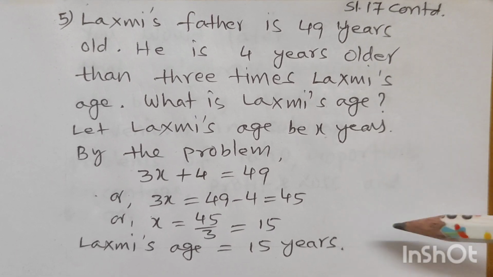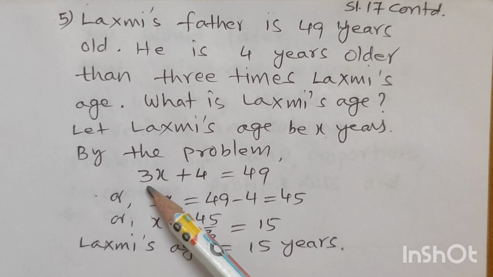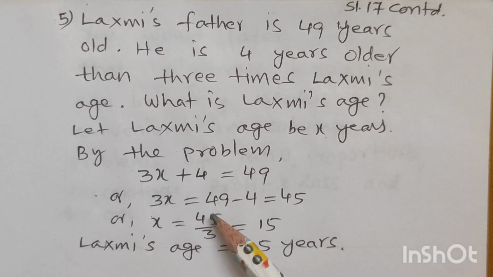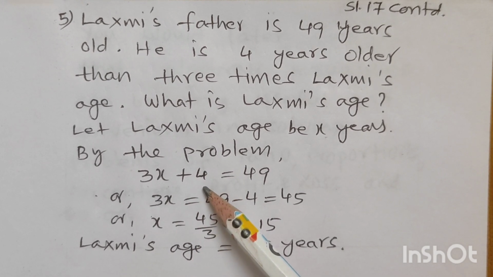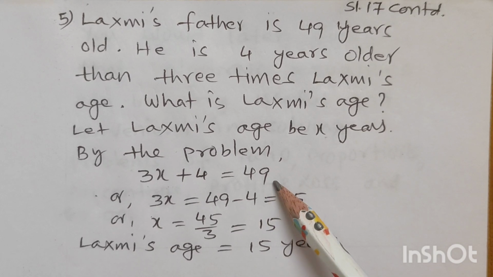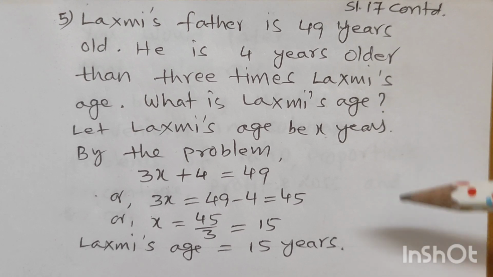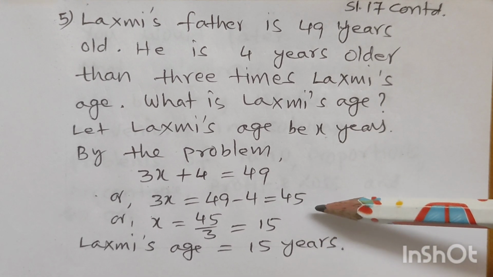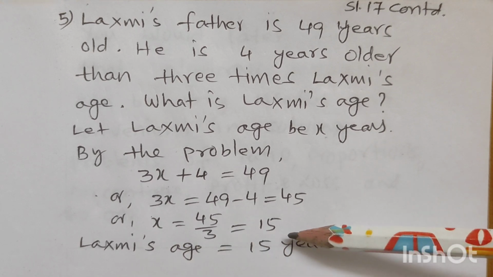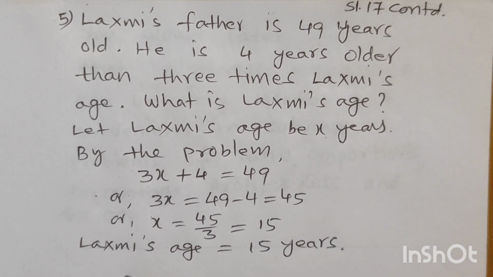Then by the problem, 3 times Lakshmi's age, 3 into x, 3x, and then we add 4 to it to get her father's age, which is 49. And thereafter we simplify it and get the value of x as 15. So Lakshmi's age is 15 years.